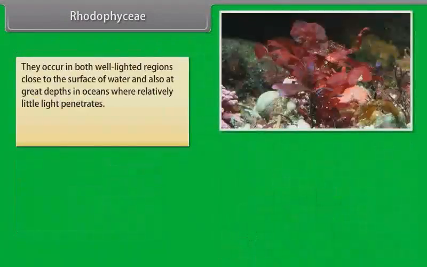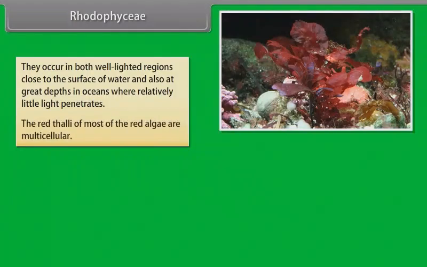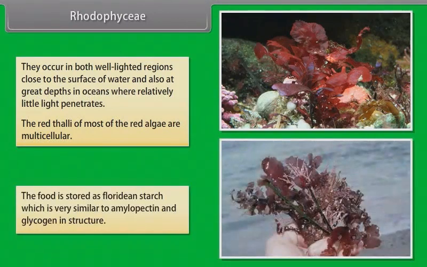They occur in both well-lighted regions close to the surface of water and also at great depths in oceans where relatively little light penetrates. The red thalli of most of the red algae are multicellular. The food is stored as floridean starch, which is very similar to amylopectin and glycogen in structure.